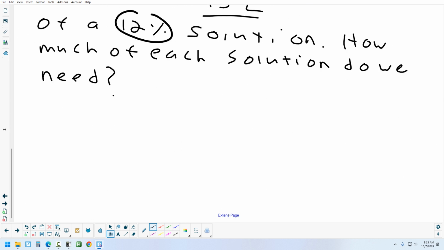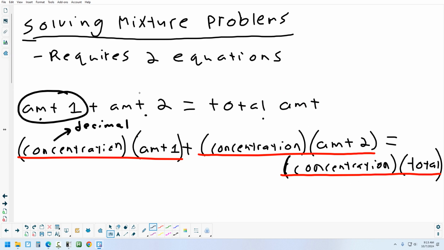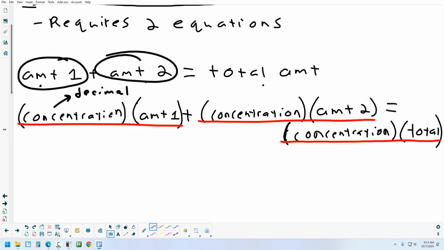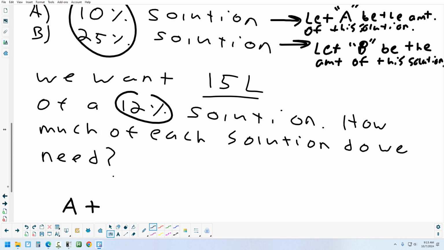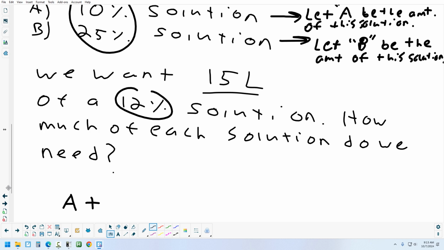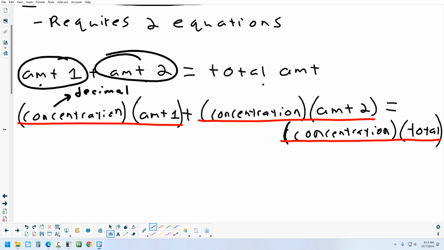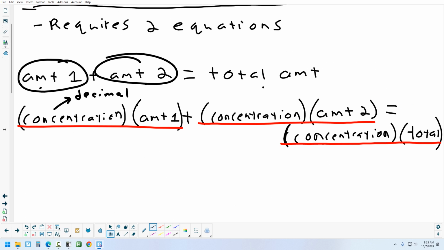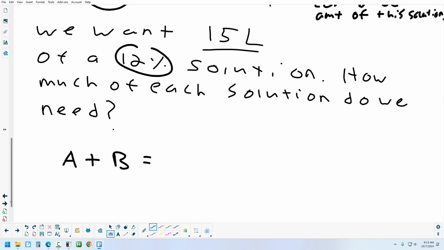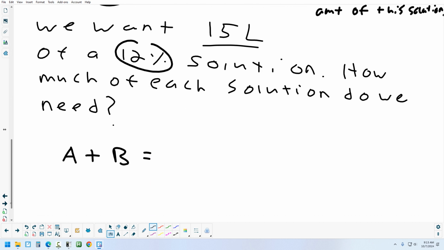Okay, so A plus, now I need to know how much am I using of the second solution. How are we representing how much we're going to use for the second one? Yep, B. And when I mix the two together, what's going to be my total amount that I want to end up with? 15 liters. Okay, so there's your first equation.